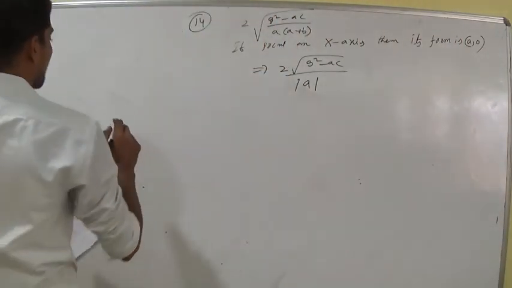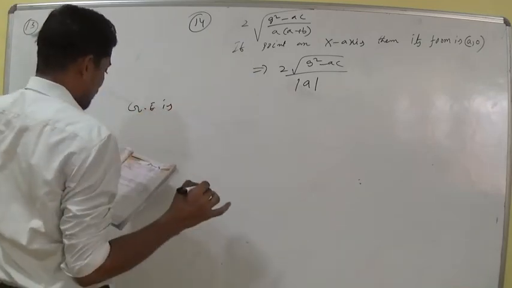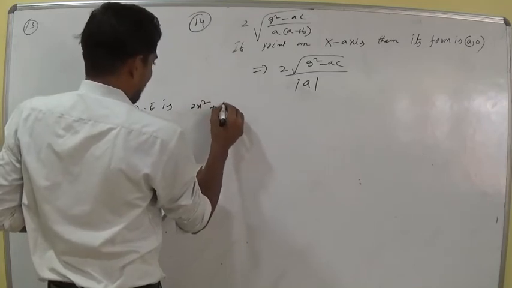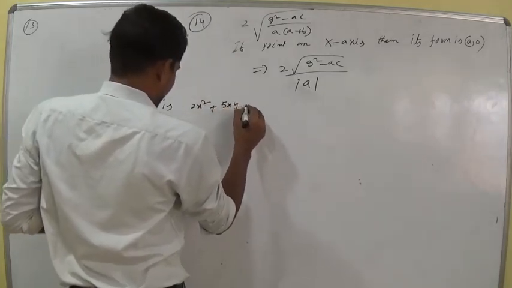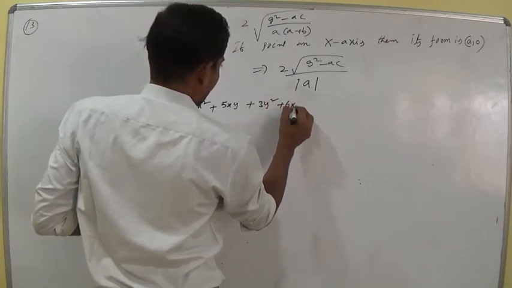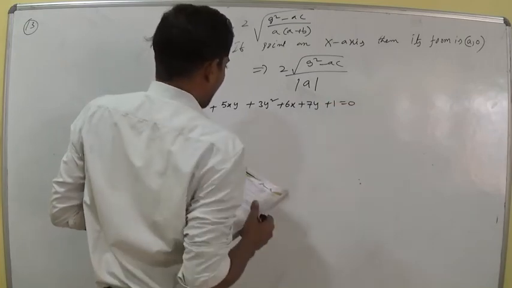So what is the given equation? 2x square plus 5xy plus 3y square plus 6x plus 7y plus 1 is equal to 0.